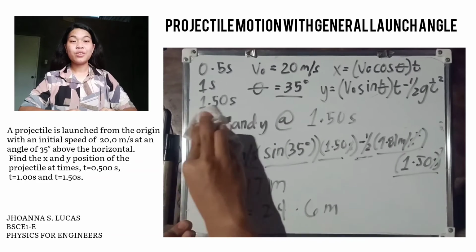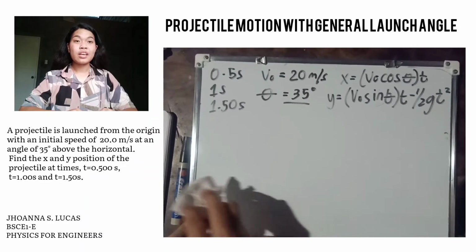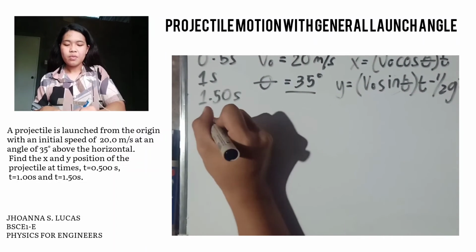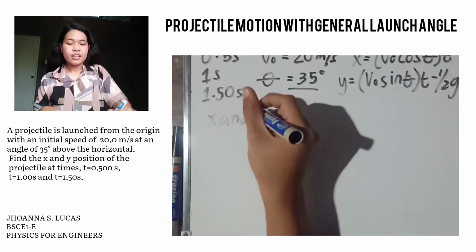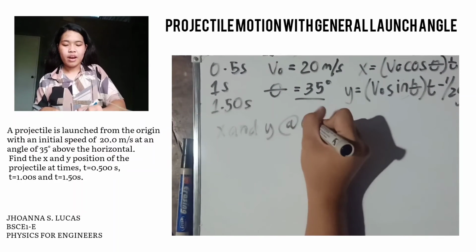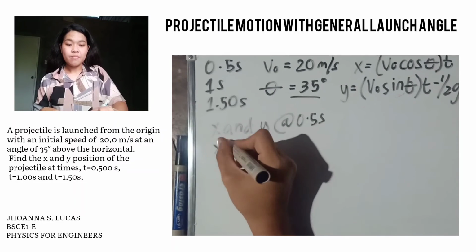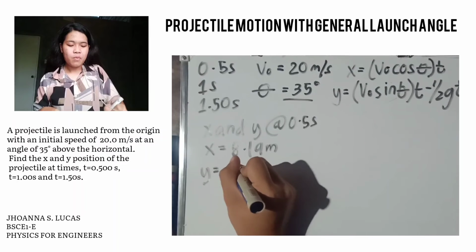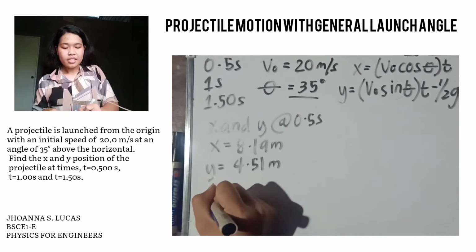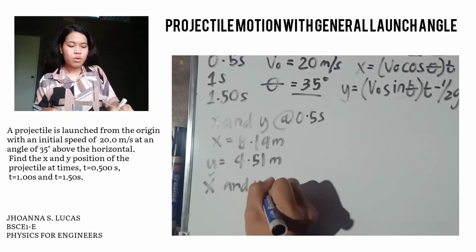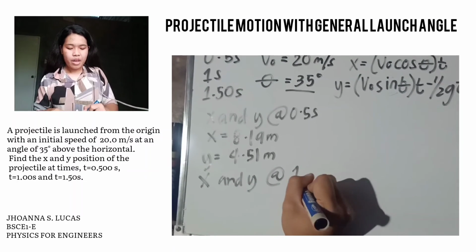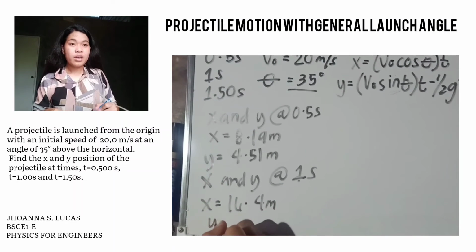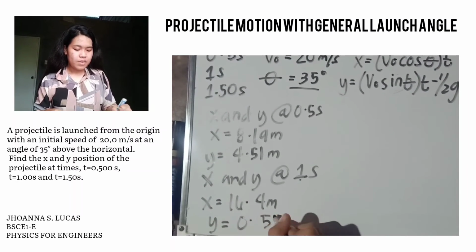For us to see all the x and y that we've got using all three times, I will write it again. So, x and y at 0.5 seconds, we got for x 8.19 meters and for y 4.51 meters. And at 1 second, we got for x 16.4 meters, and for y, we got 0.57 meters.